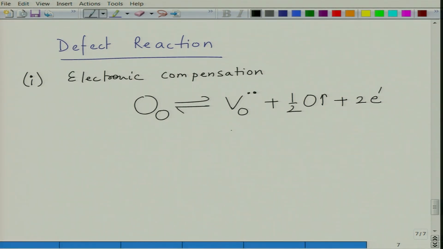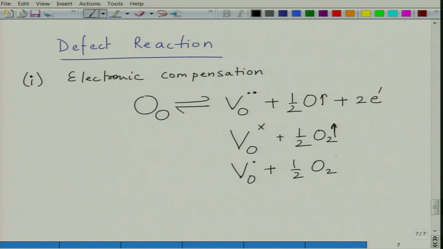If the vacancy was not ionized, you can write this reaction as VO cross, not star, plus half O2. Now there is no charge problem, but the vacancy is not ionized. But if the vacancy is ionized, which is determined by conditions such as temperature, then you would write the top reaction. There is a possibility that the vacancy is singly ionized, not completely ionized, then you would write it this way, plus 1 electron.